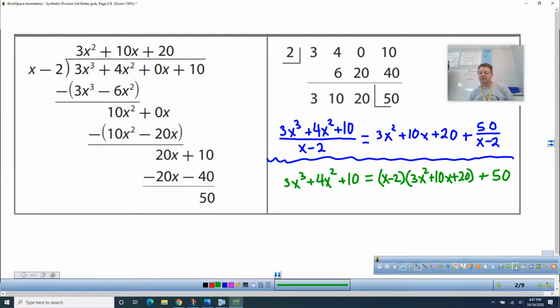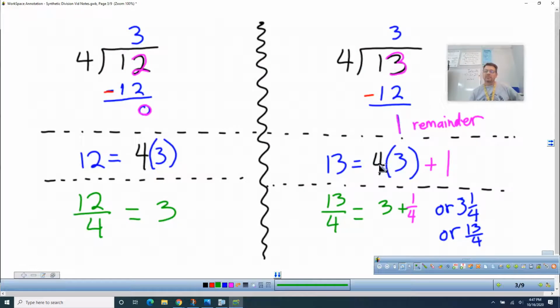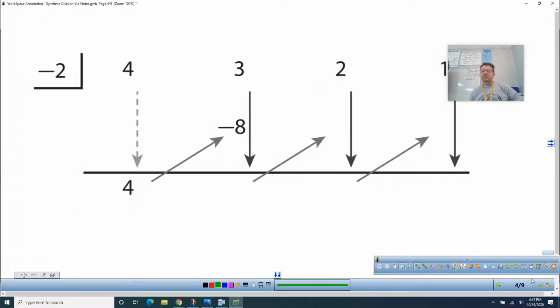Okay, and that is very similar to this idea here, 4 times 3 plus the remainder. No fancy stuff to it. I don't know why I switched the order, but it's the same idea. But that's not the primary thing. It just kind of sets you up. You can go back and forth and double check that.